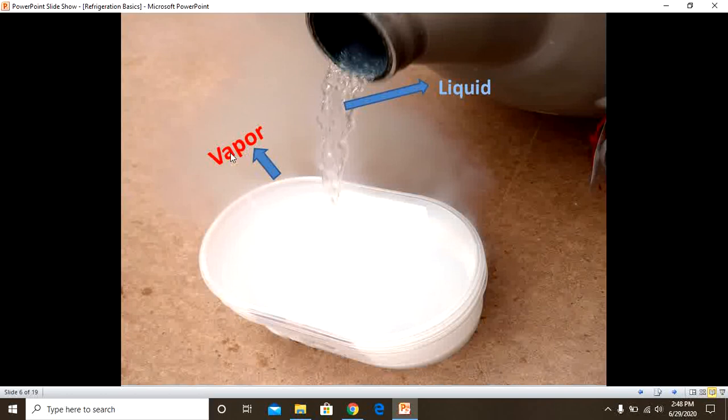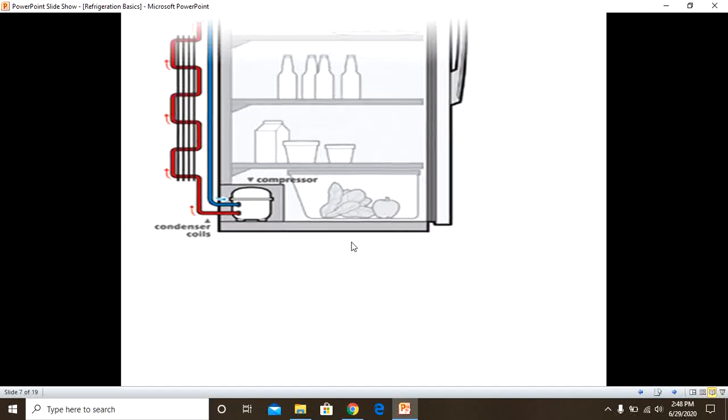At this temperature it will get boiled. That means to maintain your freezer temperature at minus 15 degrees Celsius, nowadays you can get minus 23 degrees Celsius also, you have to use a thermodynamic fluid which should boil at a very low temperature. That is what we call the refrigerant.